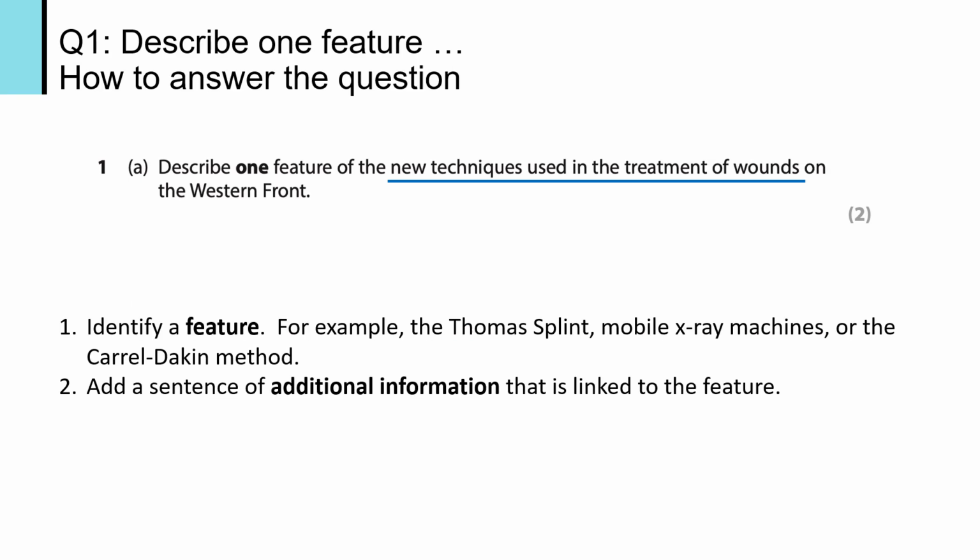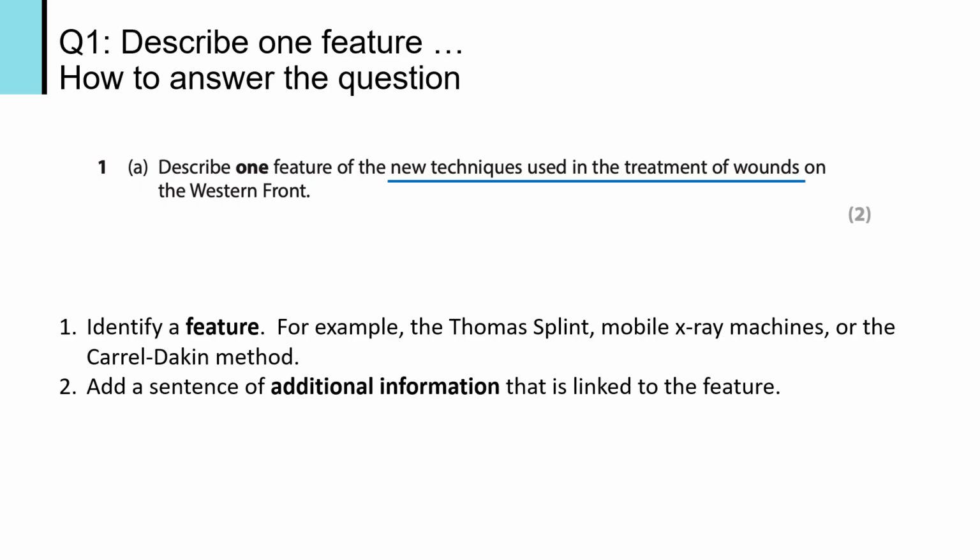So if we return to our question for today, describe one feature of the new techniques used in the treatment of wounds on the Western Front. In our answer, we need to identify a feature. For example, the Thomas splint, the mobile X-ray machine, or the Carrel-Dakin method.